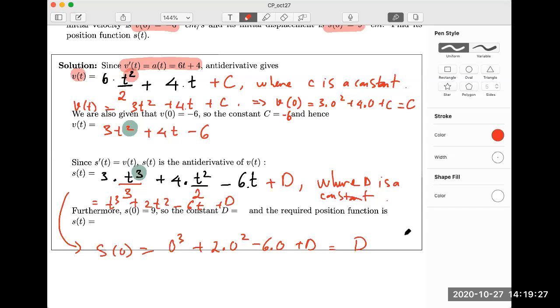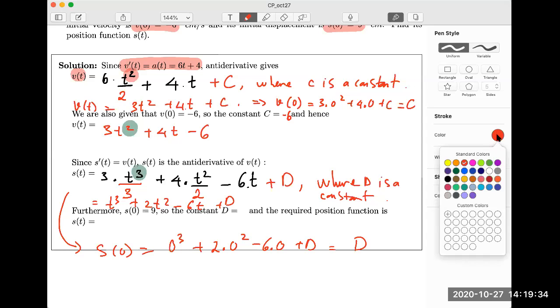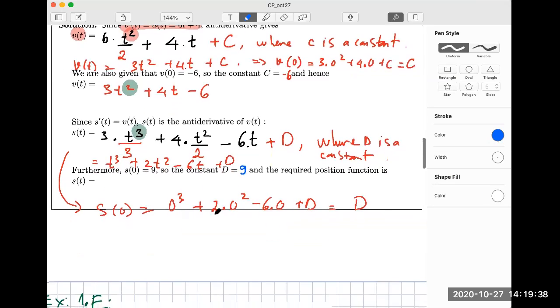S of 0 would be d, and we're given that S of 0 is 9, therefore d should be, yes, d should be 9. If d is 9, then S of t will be, substituting back here, t cubed plus 2t squared minus 6t plus 9, right? This is the position function of this problem.